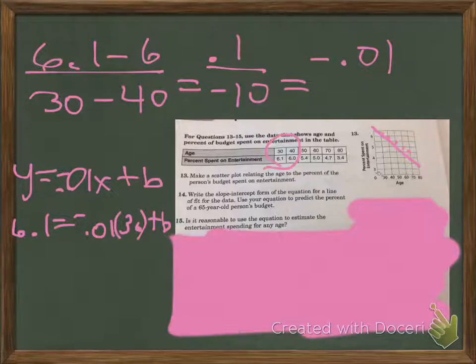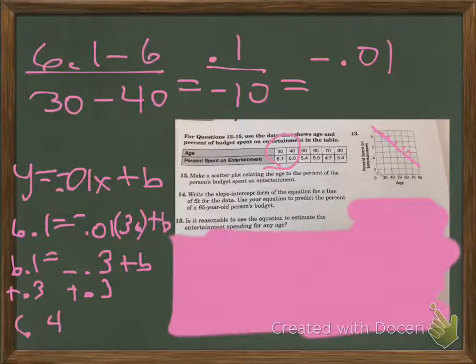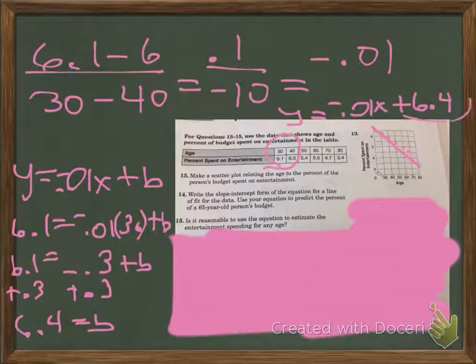So negative 0.01 times 30 is negative 0.3 plus b equals 6.1. Add the 0.3, which gives us 6.4 for b. So we rewrite our equation: y equals negative 0.01x plus 6.4.